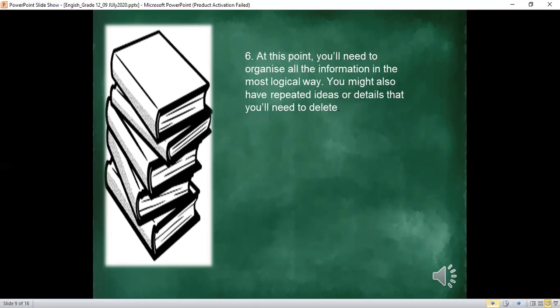Then you check for unwanted elements there. Can be repeated ideas. It can be errors that are there. So you just get rid of those. So it's now you going through to proofread and to edit your work.